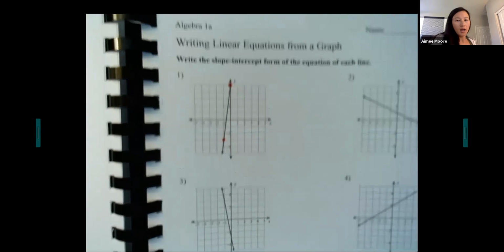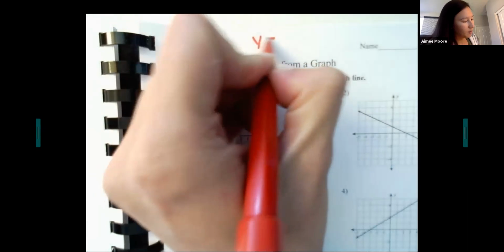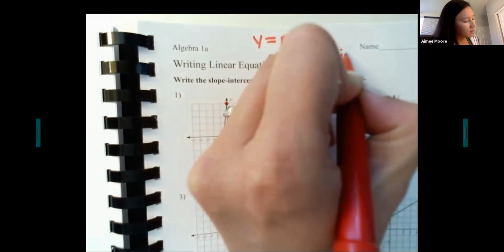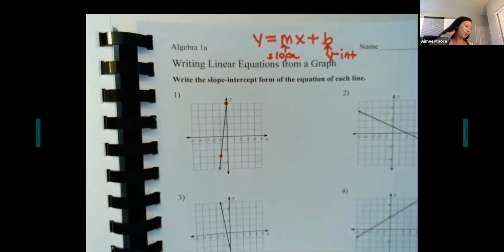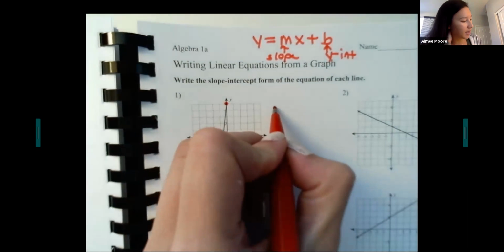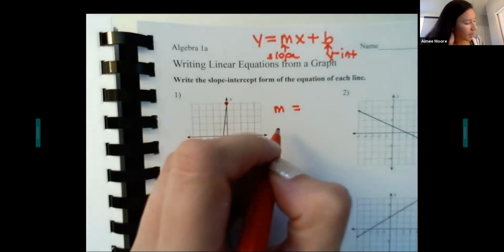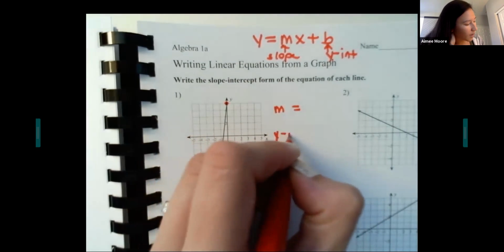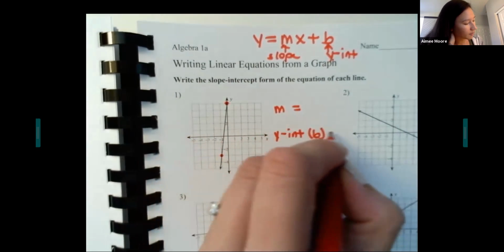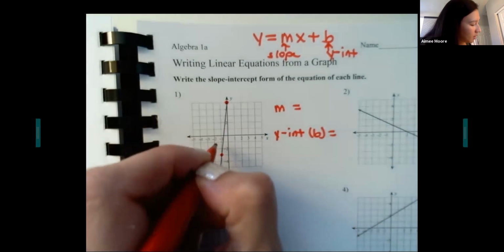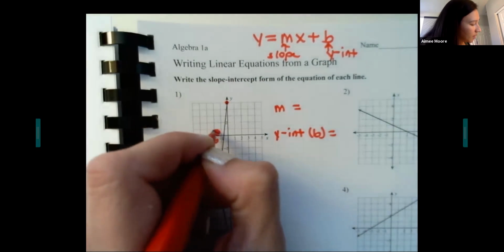Okay, so let's write our equation at the top, just to make it easier on us. So we need m and we need b. So m, we know that's our slope, and then we need our y-intercept, which is b. So to find our slope, we need to write slope on the line.